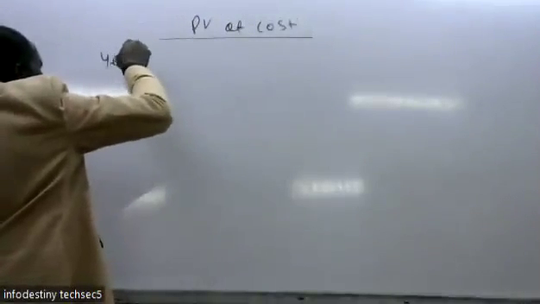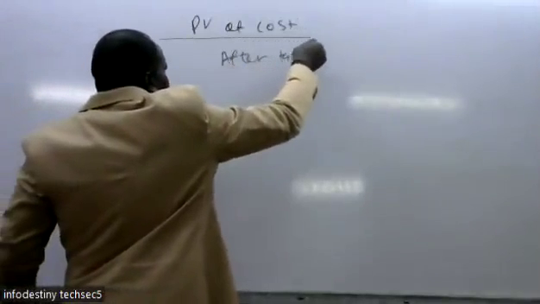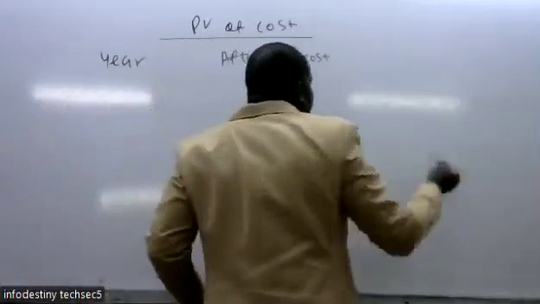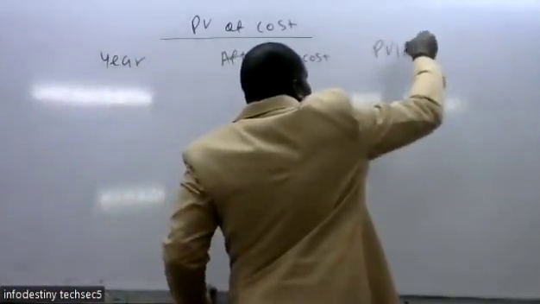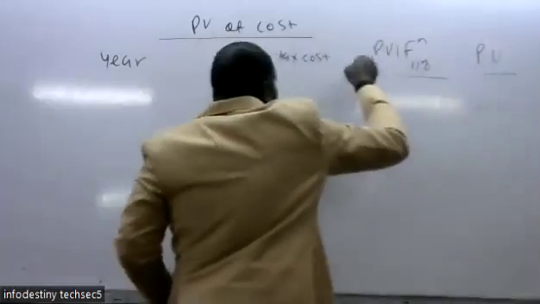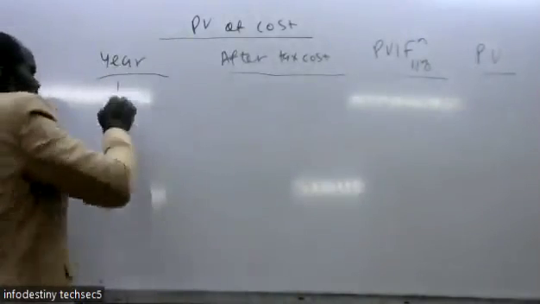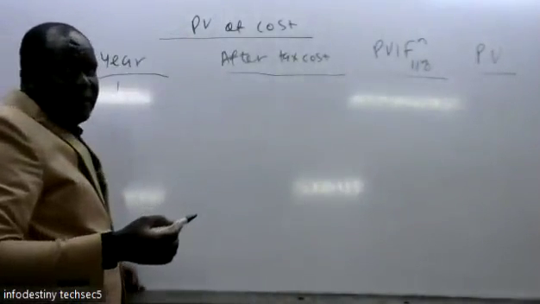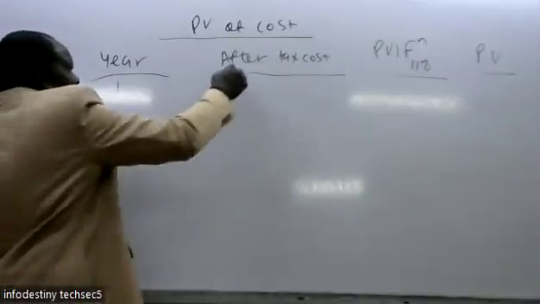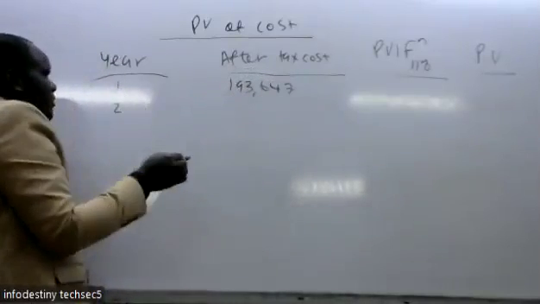So there is the year, after tax payment or after tax cost. Then present value, what was it? What percent? The discounting rate we got, 11%. Then get the present value like that. So year one, the after tax payment for year one, 193,647.